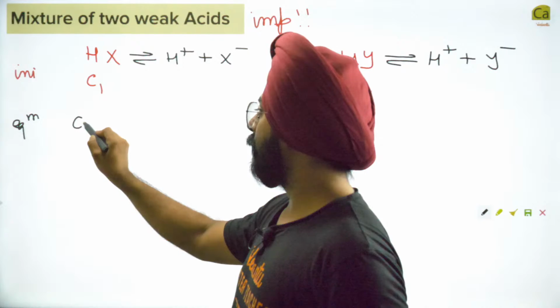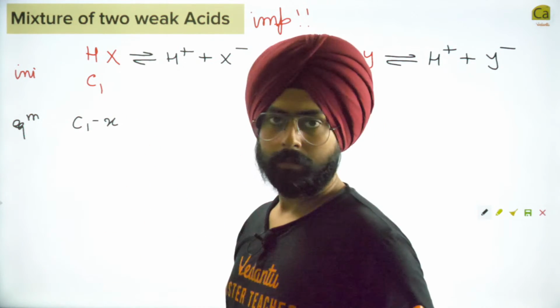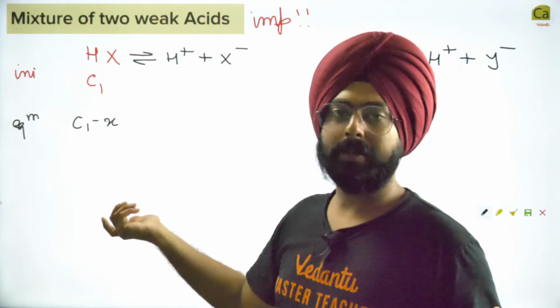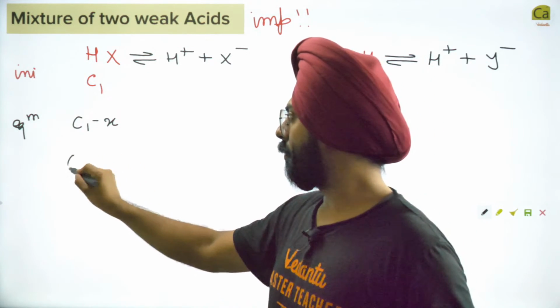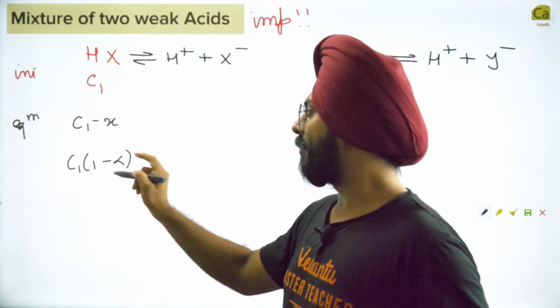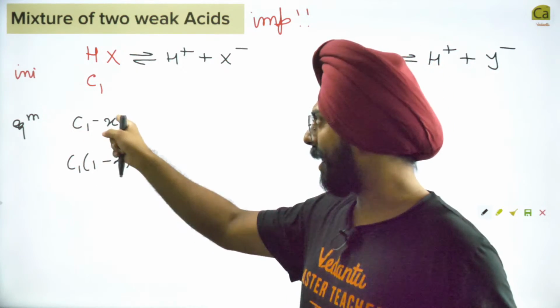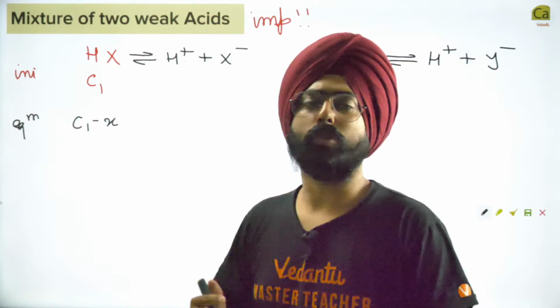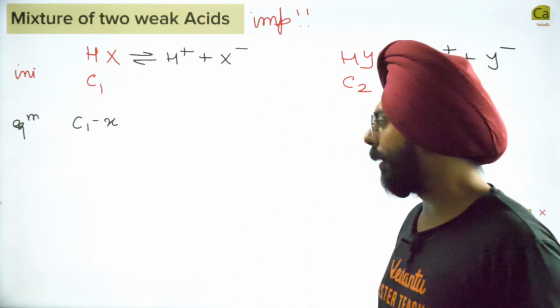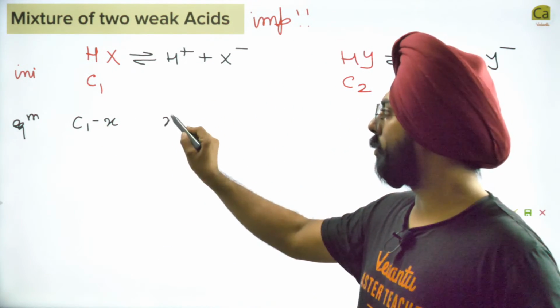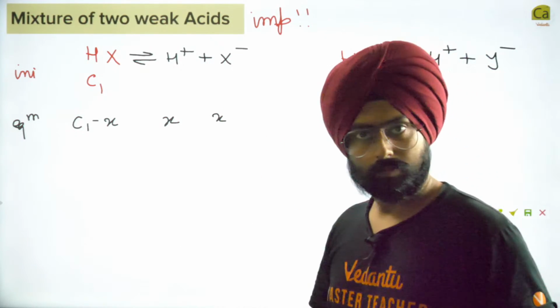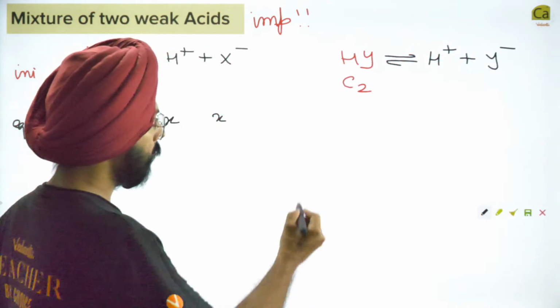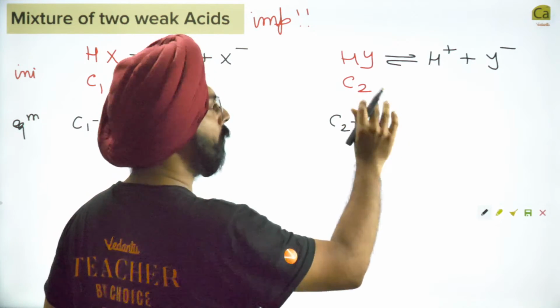Let's write it as C1 minus X. X is basically your C1 times alpha, so C1 into 1 minus alpha is just written as C1 minus X. We're just writing X for simplicity. So this becomes X, this becomes X, and on the other side, this will be C2 minus Y.